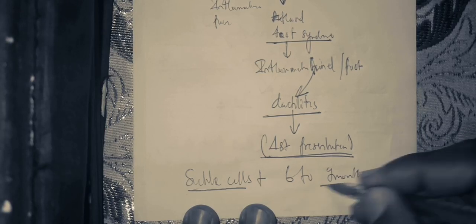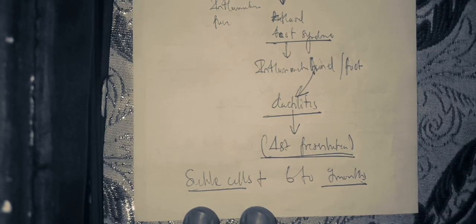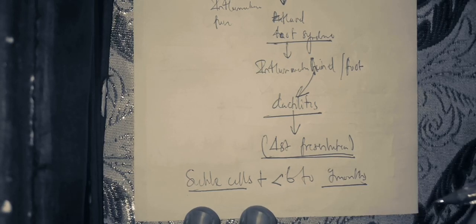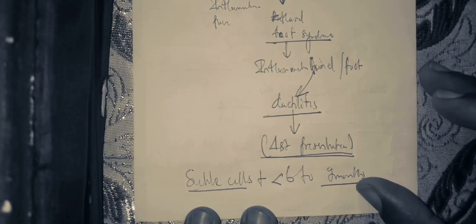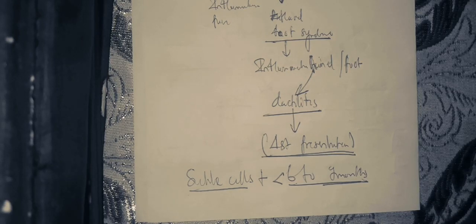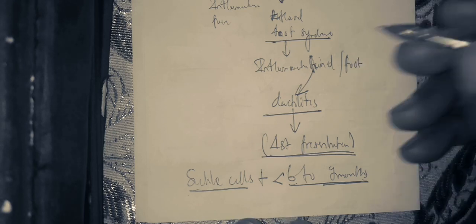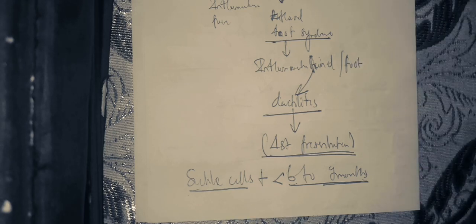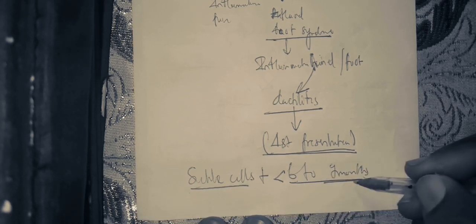So we should never speak about sickle cell in patients who are less than 6 to 9 months. These children are not going to present with vaso-occlusive crisis or painful joints and all that. They are going to present with hand-foot syndrome, that is swelling of the hands and the feet. That's generally their first presentation.